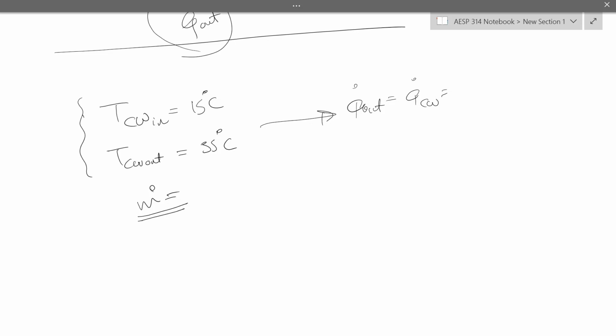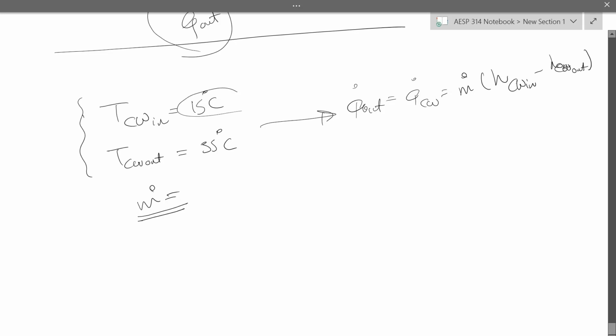Okay, so the two Qs are the same. Whatever heat we have removed from inside the condenser, from the vapor, from the working fluid, is going to be added to the cooling water. How can we calculate the heat here? The original formula is m dot times h of the cold water inlet minus h of the cold water outlet, so h at 15 degrees and h at 35 degrees.